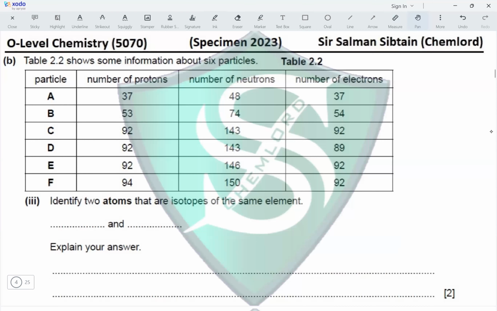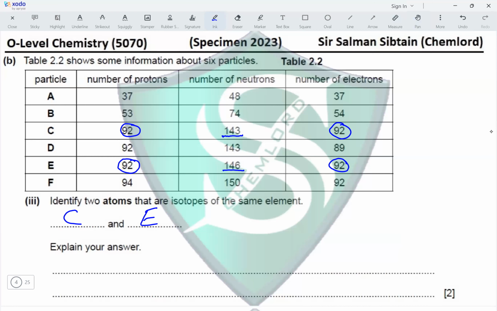Particle E has 92 protons and 92 electrons. Here we can see that particle C and particle E both have the same number of electrons and protons. So 92 protons here, 92 protons here, 92 electrons here, and 92 electrons here. And they should have a different number of neutrons. So 143 neutrons for particle C, whereas 146 for particle E. So particle C and E are isotopes of each other.